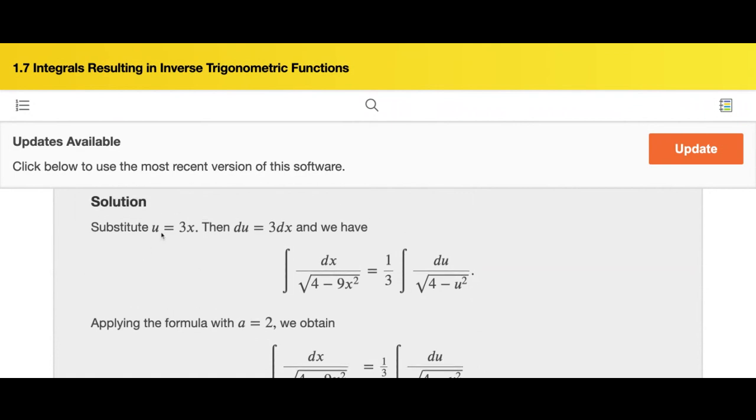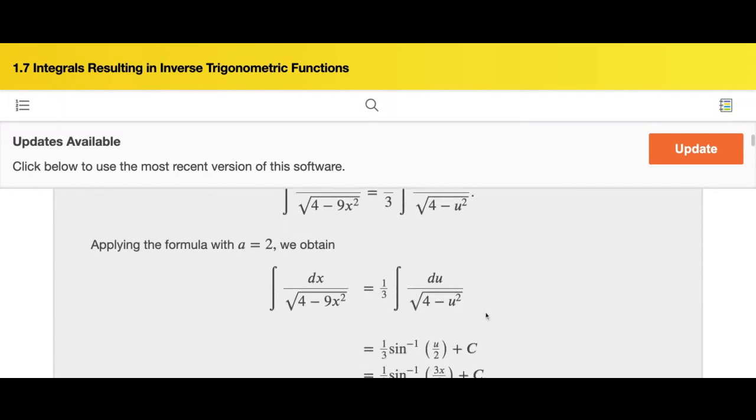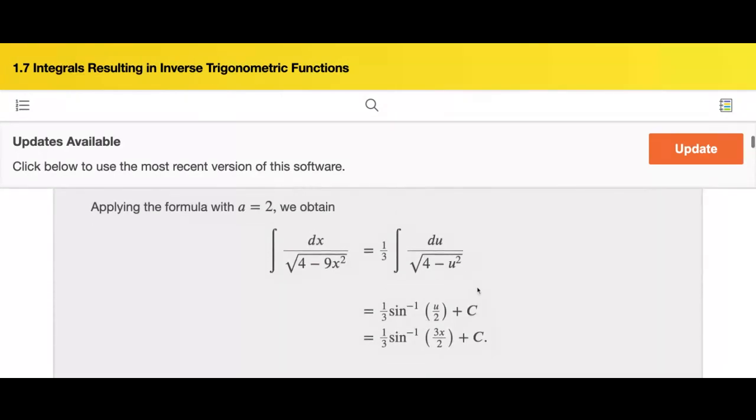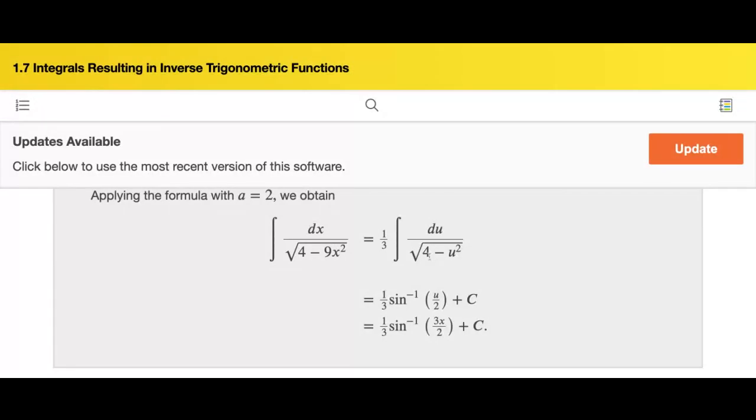All right, so let's start from the beginning. The book says, let u be 3x, then du equals 3 dx. So dx equals 1/3 of du. We substitute, so we have 1/3 of du over the square root of 4 minus u squared. And 4 minus u squared is 2 squared minus u squared, so our a is 2.